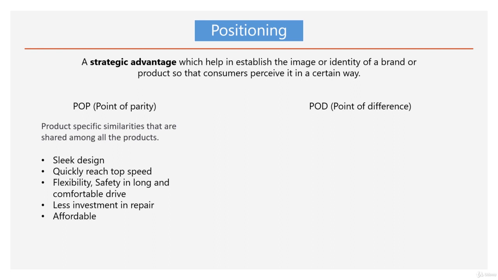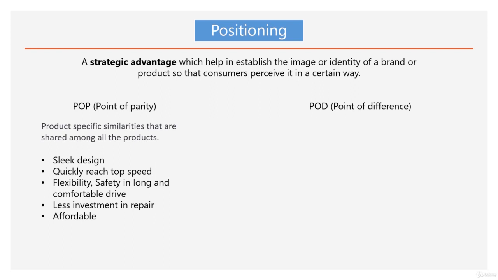And any car should have a very basic feature of less investment in repair and should have an affordable price. So these are few very basic things which every car should have, and these are very common in almost every car. So these are point of parity, which means that all these features are common in all products. And all these specifications should be there in all products because these are very basic features.